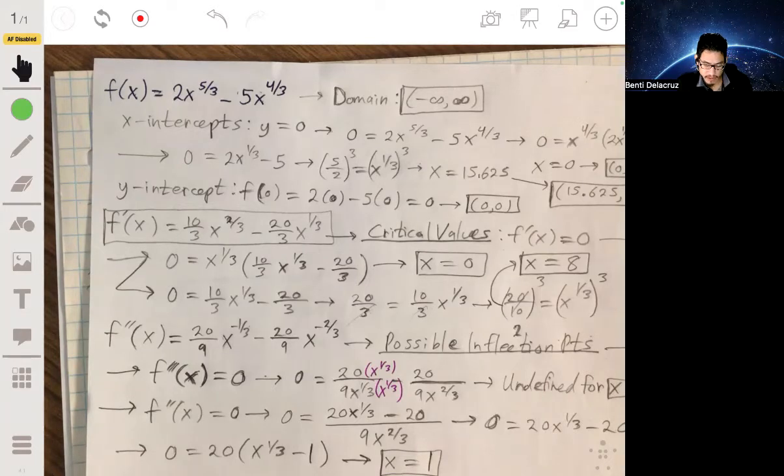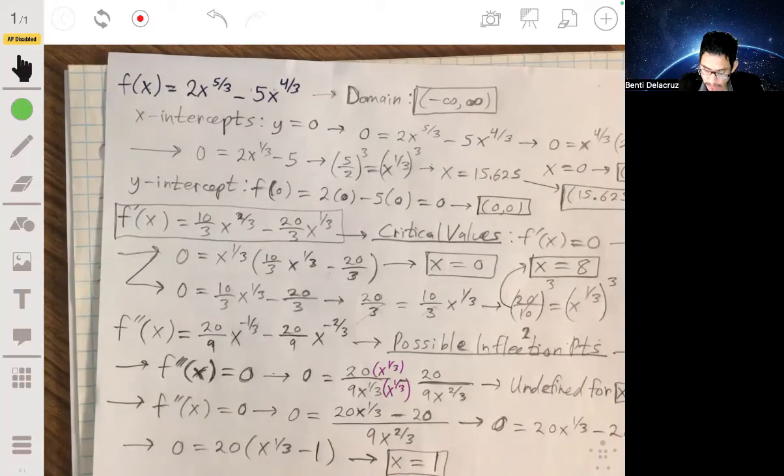These will be a little tedious, so you can see it all in the calculator. You're going to get about 10.